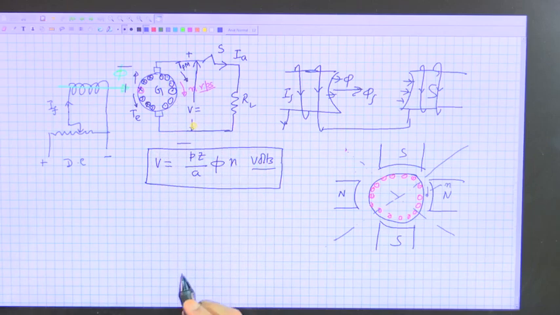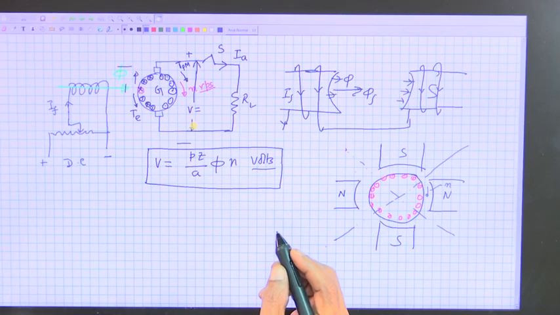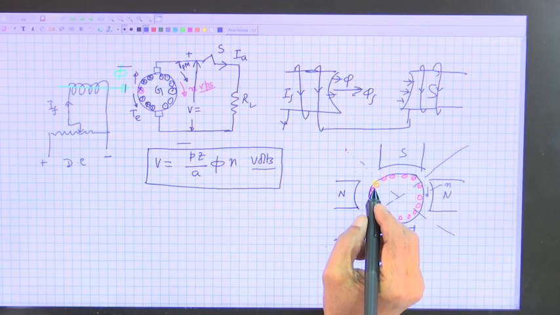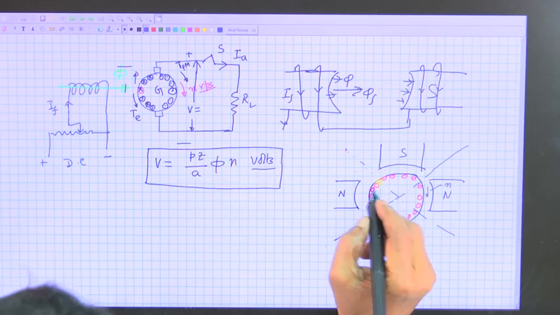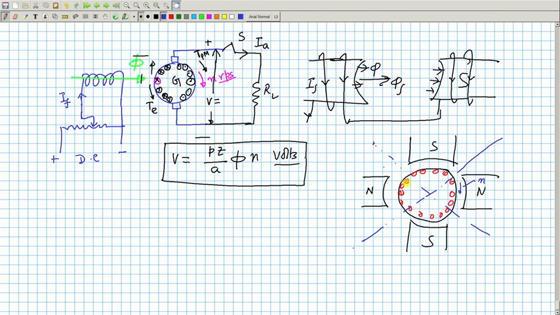Then the currents in the conductors under the influence of the north pole will have a cross. So, I put a cross here. Suppose the number of poles of the machine is 4. So, these are all crosses. Are you getting it? Cross current.